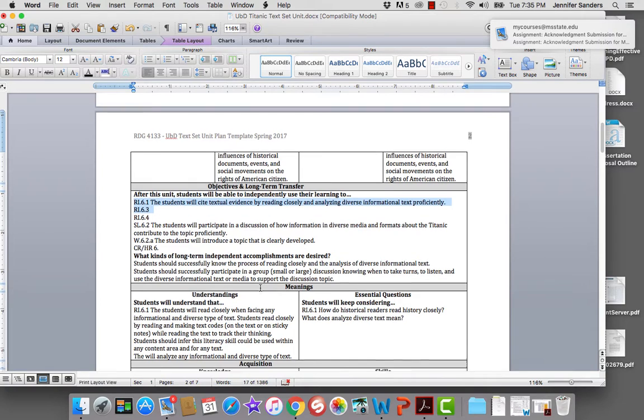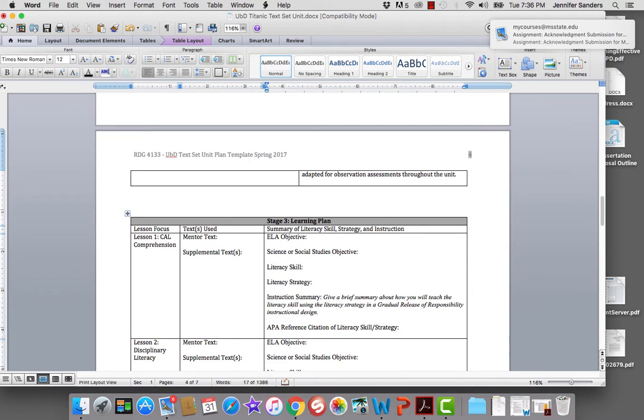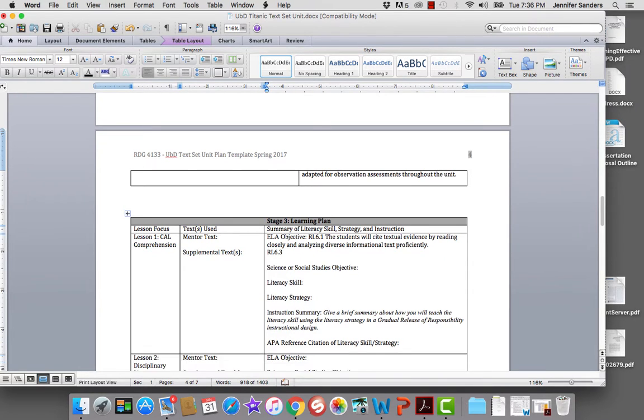I can simply copy these objectives and place them here. Now do note, as I'm modeling this for you, I'm only modeling a portion of it because I want you to come together and do it and build it. But always refer back to the videos if need be.